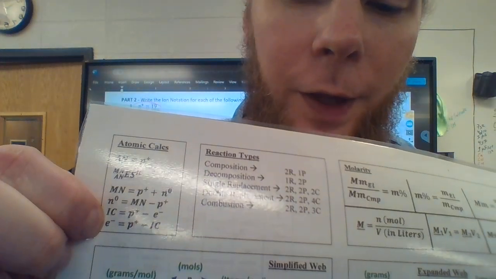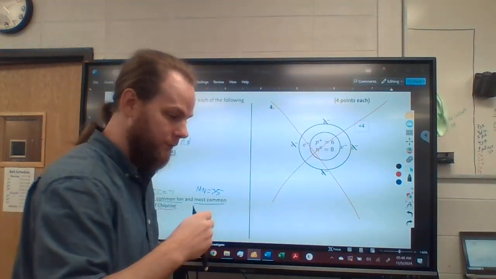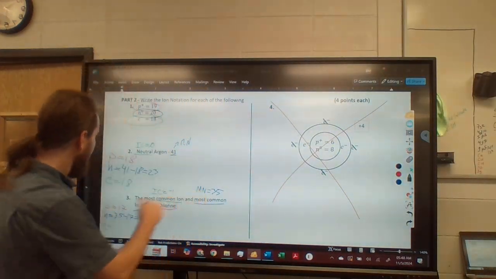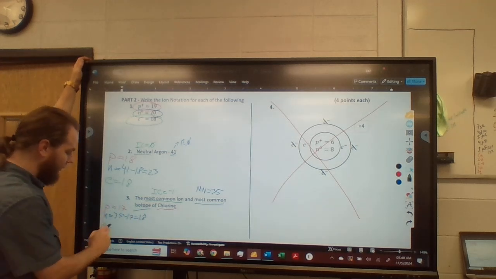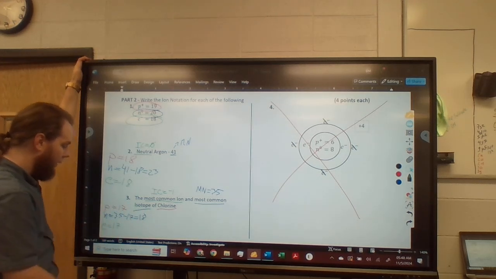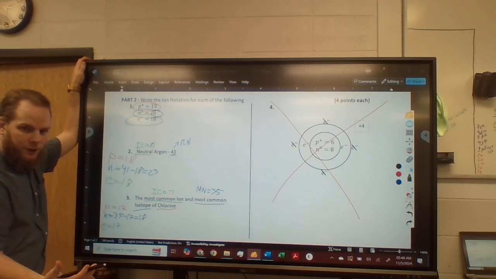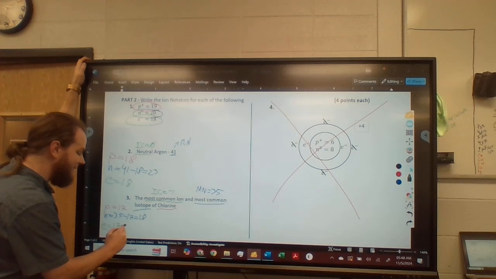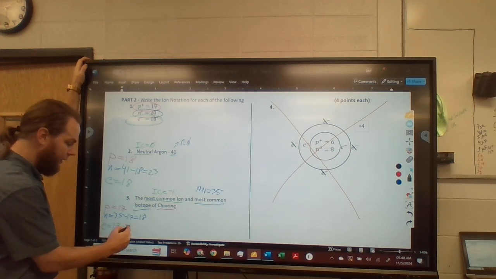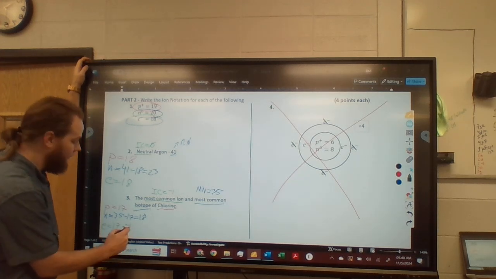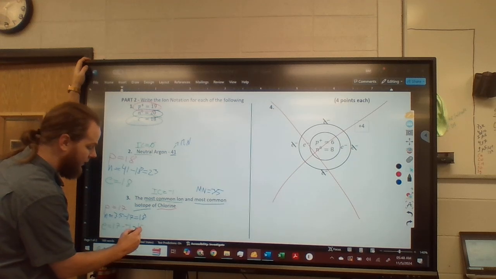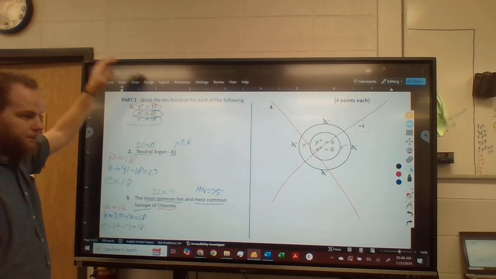Right here, number of electrons is the protons minus the ionic charge. So the number of protons is 17 minus the ionic charge. So minus -1, two negatives, we add them instead. So we have 18 electrons.